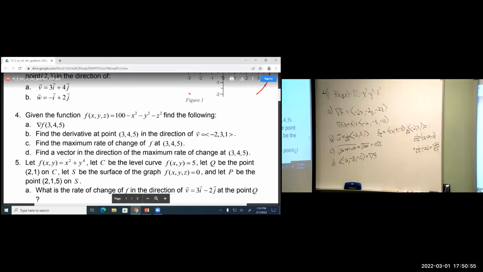Can I ask a question? Sure. So conceptually, the gradient of f is a vector found from the function f, and I'm confused by the direction of it. Can you just define what the gradient is for me one more time?